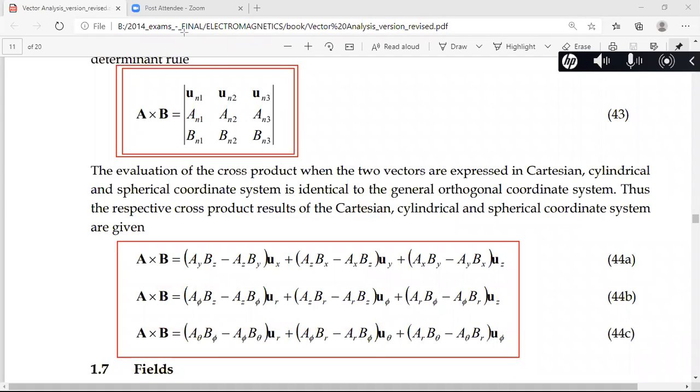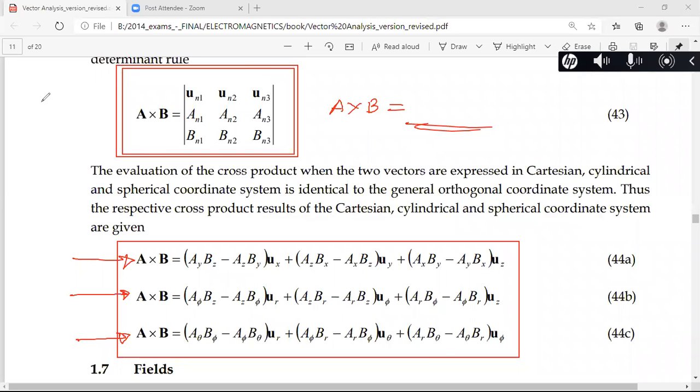For example, this one represents the Cartesian coordinate system. This one represents the cylindrical coordinate system. This one represents the spherical coordinates. The coordinate system does not matter if it is an orthogonal coordinate system, then you can use this matrix to expand and find A cross B. It is better to memorize this matrix, and you can expand based on whatever coordinate system.